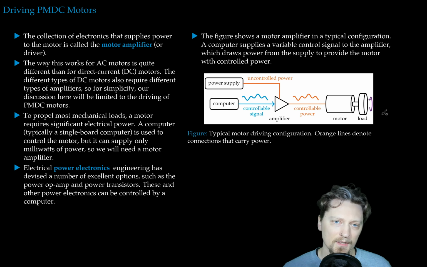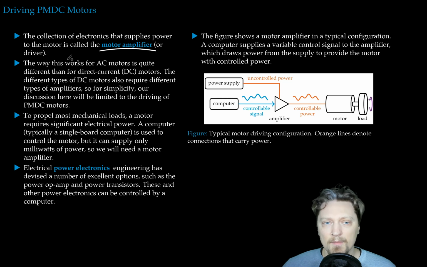Okay, driving PMDC motors. The collection of electronics that supplies power to the motor is called the motor amplifier or motor driver. The way this works for AC motors is quite different than for direct current or DC motors. The different types of DC motors also require different types of amplifiers.